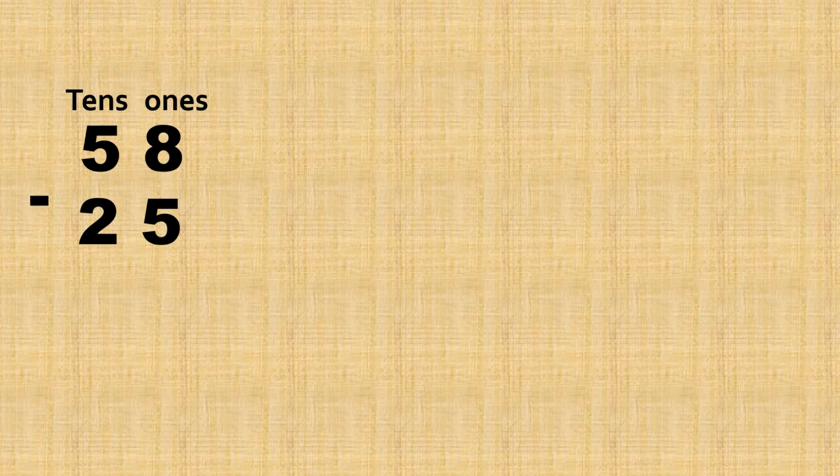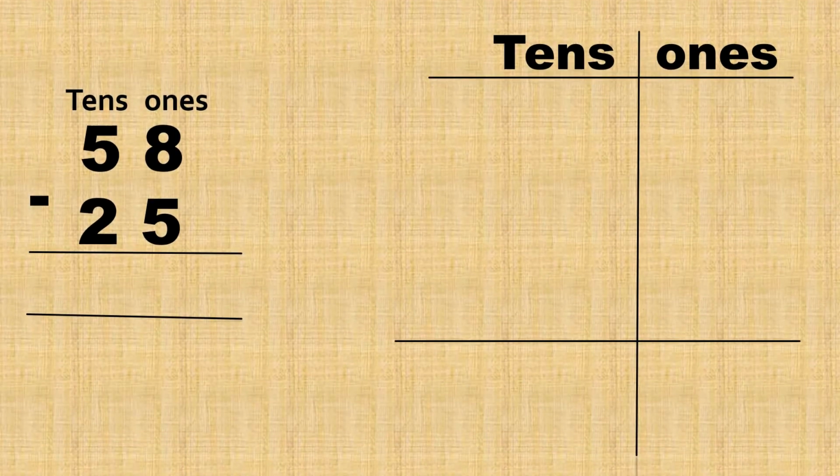Arrange the number according to their place value. The bigger number 58 goes on top and smaller number 25 written below it. Let's represent number 58 using place value box. The number 5 is in the tens place. Represent the number 50.